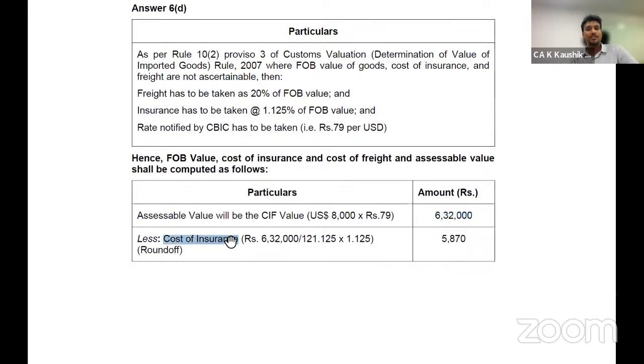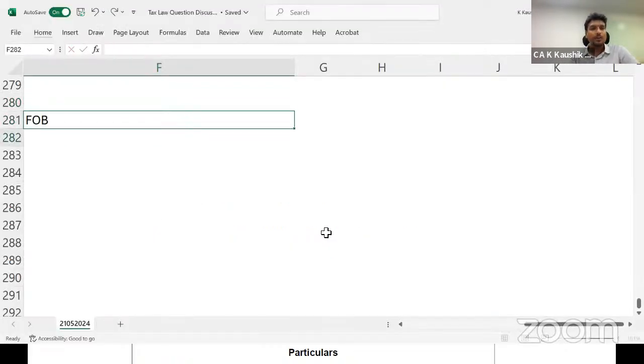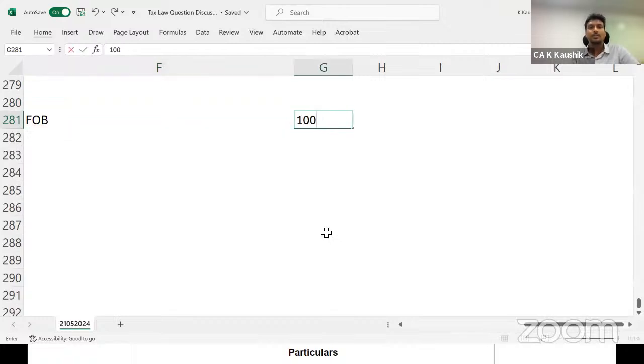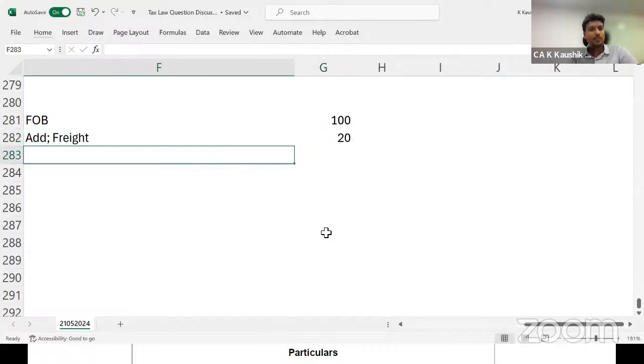Less cost of insurance. Now here is the mathematical part that is included. How will you calculate here? Take FOB value as 100, add freight at 20%, that will become 20.